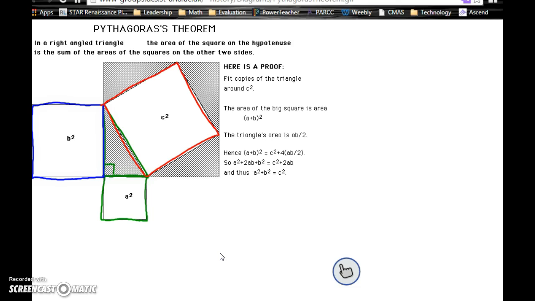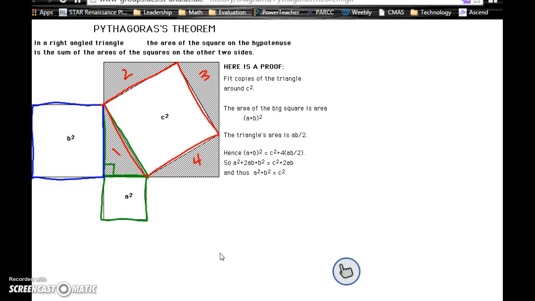squared. If you look at this, this triangle is repeated 1, 2, 3, 4 times around that c squared, that hypotenuse square.